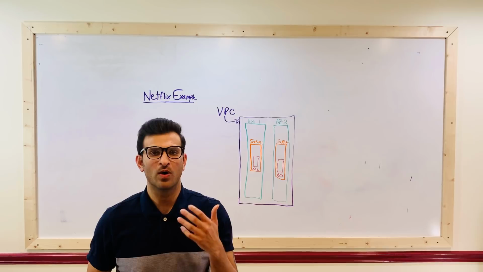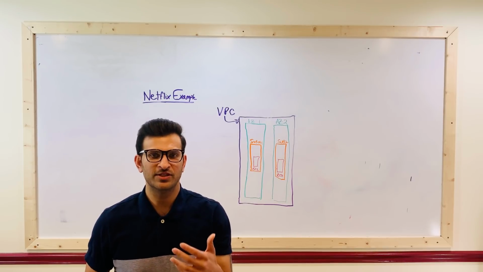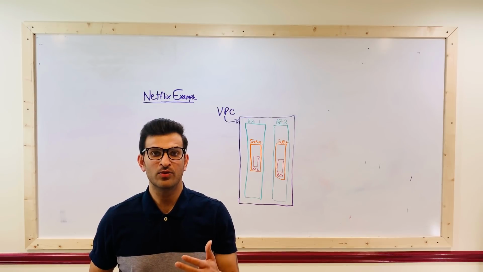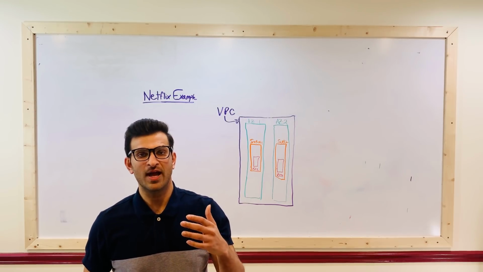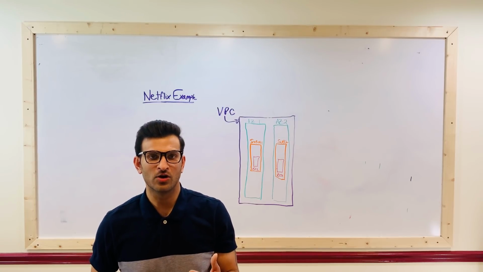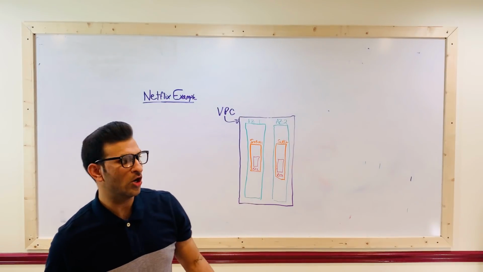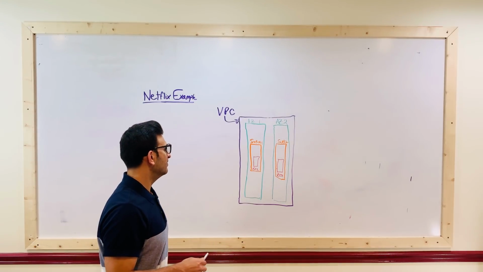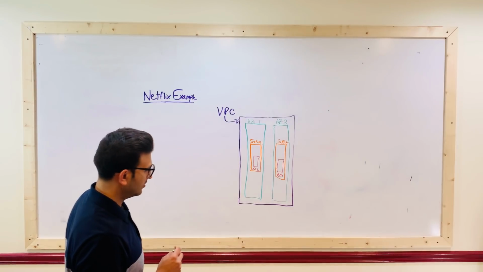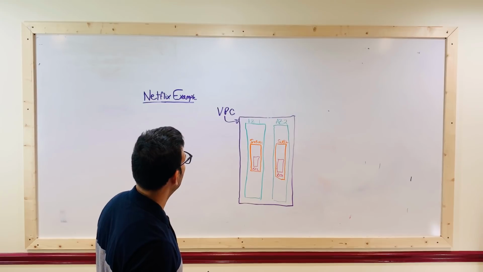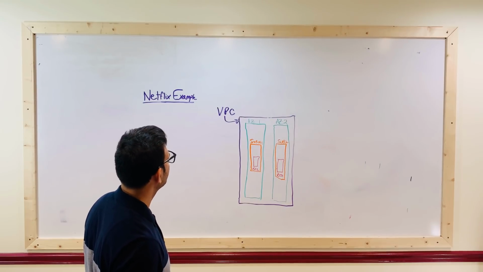In my last video, I gave you an exercise in which I provided a list of things that I wanted you to conceptually draw out and show me how it would look on a drawing in regards to the AWS console. So I asked you to draw 2 availability zones, 2 subnets, 2 EC2 instances, all in one VPC.